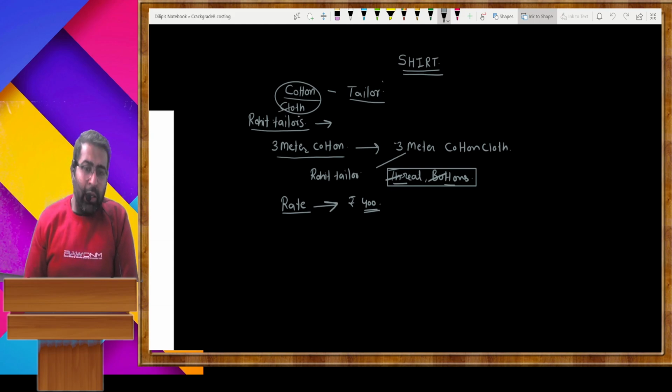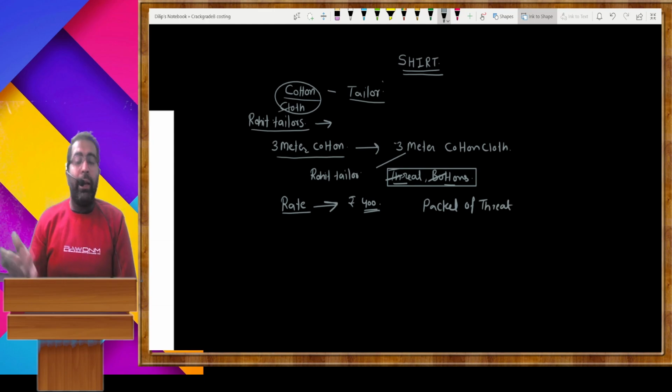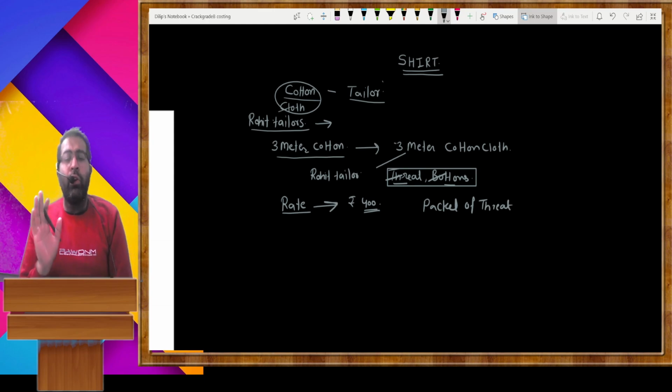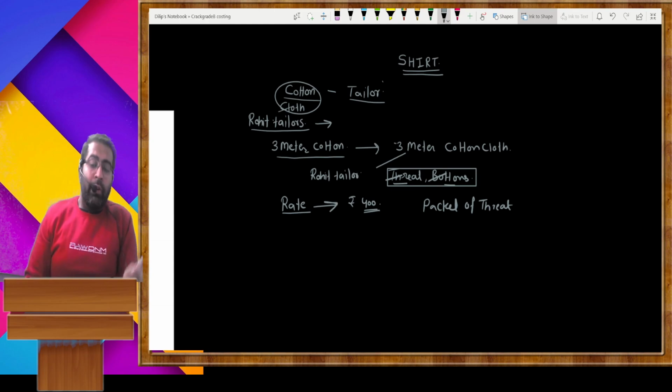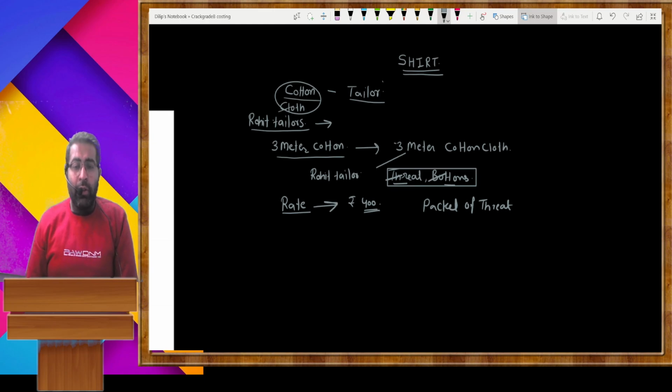We just bring a full packet of thread, and in a shirt how much, we don't know. But we can say that by one reel of thread we stitch 5 shirts.